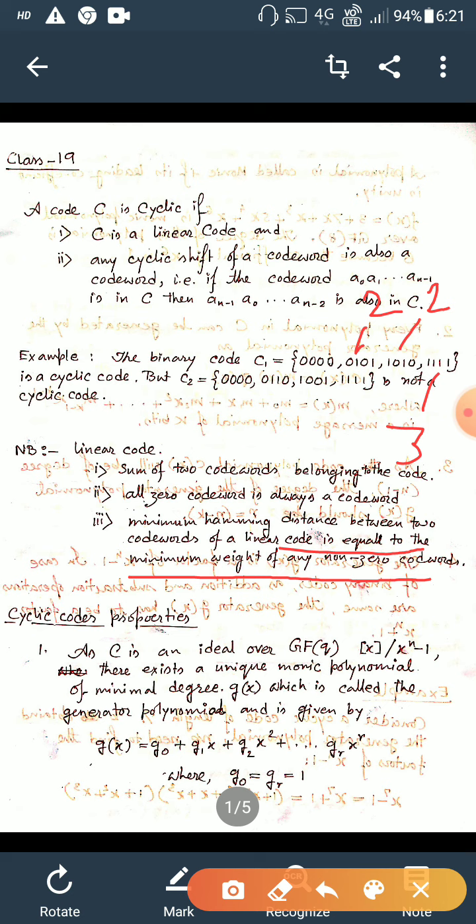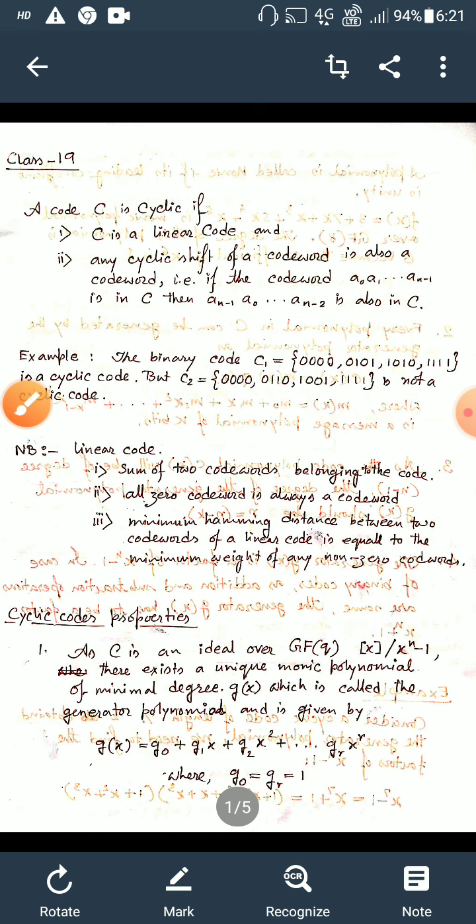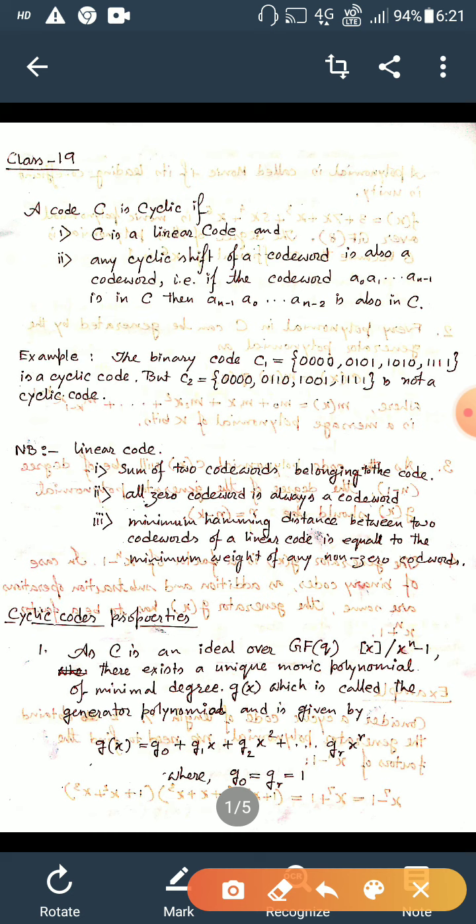So the third condition is also fulfilled. So obviously you can identify that a cyclic code, by using these features, follows the linear code.